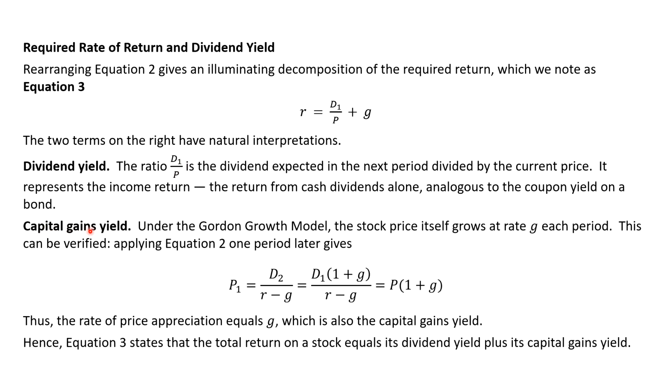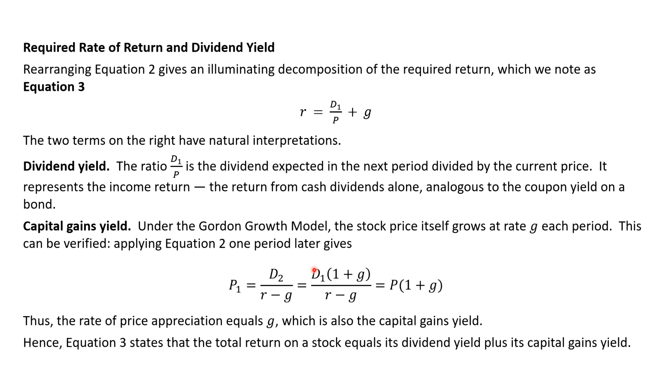Then the capital gains yield. Under the Gordon growth model, the stock price itself grows at a rate G each period. This can be verified by applying equation 2. One period later, we get P1. In other words, the price one period out is equal to D2 over R minus G. Then we plug in the expression for D2 in terms of D1, and we get this here.